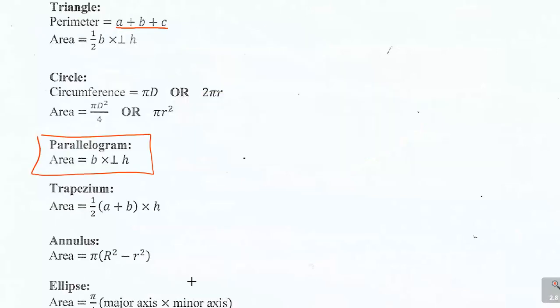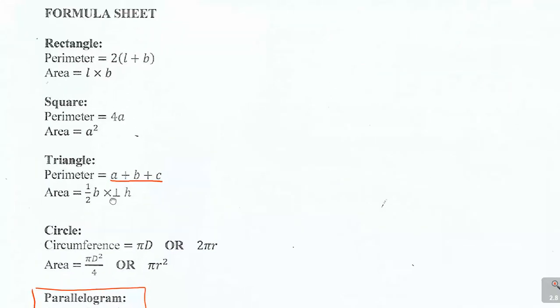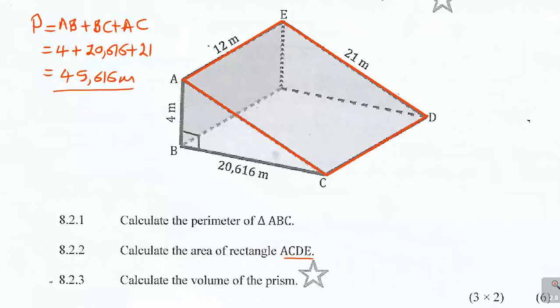Now come here to say what is the area of a rectangle. There is the area of a square, and then there is the area of a rectangle, and the formula there is length times breadth. So if I come here and say 8.2.2, area is equal to length times breadth, and what is the length?